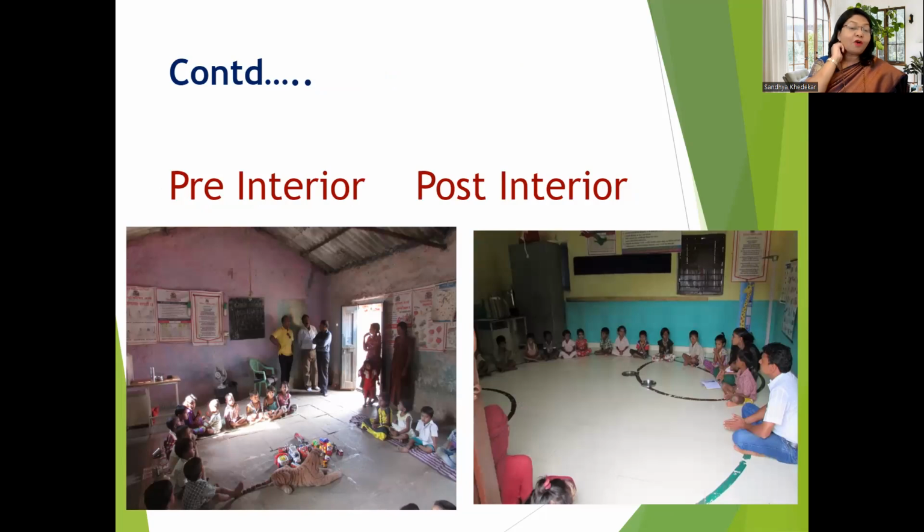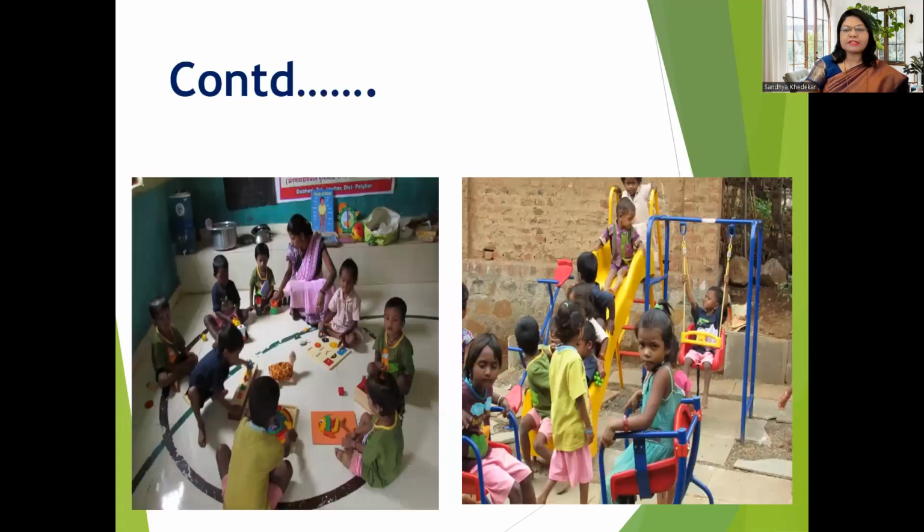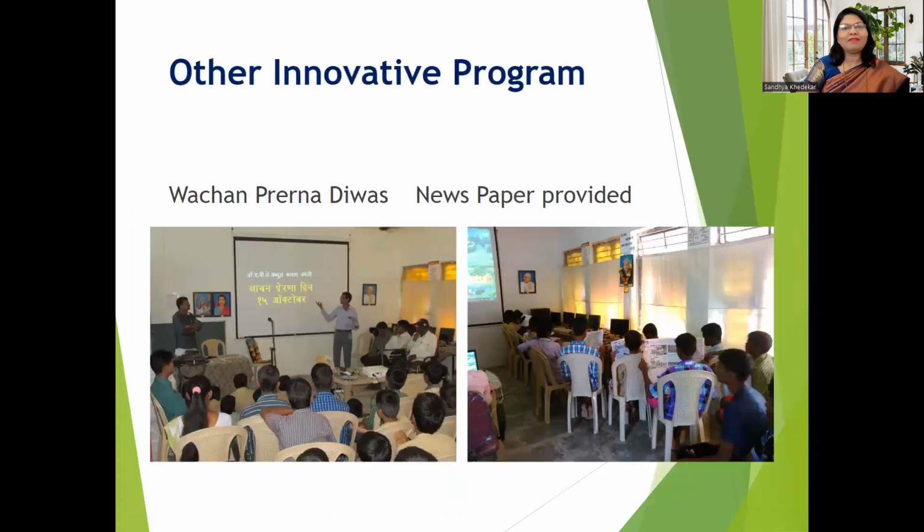When I think of this, it's all about every child feeling that I am part of this class. I belong to this class. I own this learning environment. Giving that feeling is the real success of the education system. In these pictures, you can see children are happier when we provide more facilities to them.